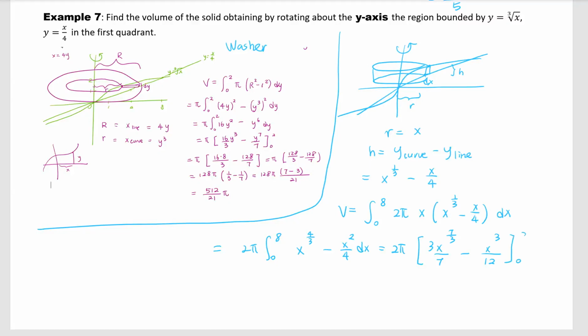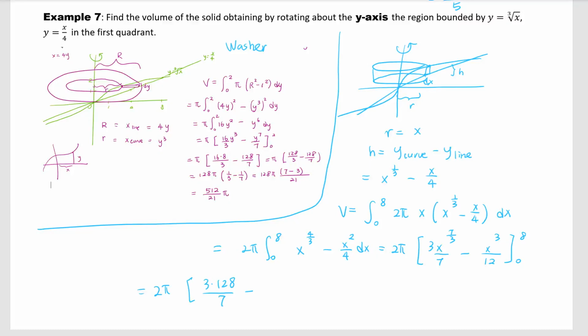Evaluate from 0 to 8. Okay, so the cube root of 8 is 2. 2 to the 7: 2 to the 5th is 32, 2 to the 6th is 64, 2 to the 7th is 128. And then 7 minus 8 cubed.